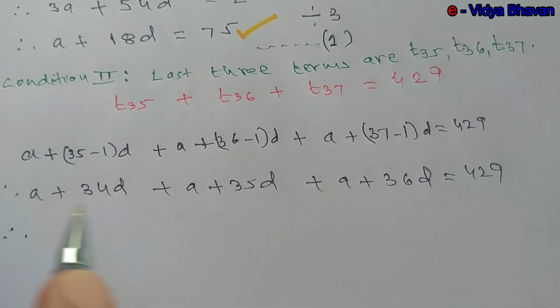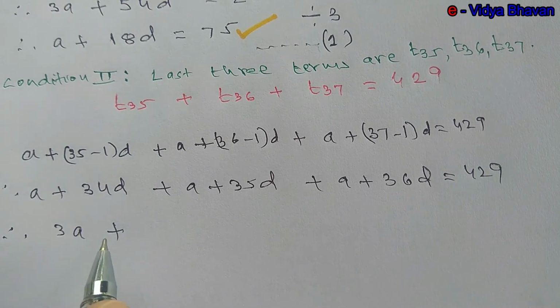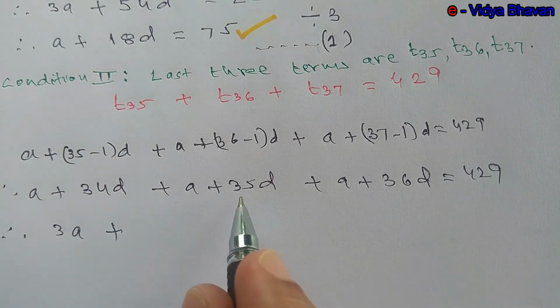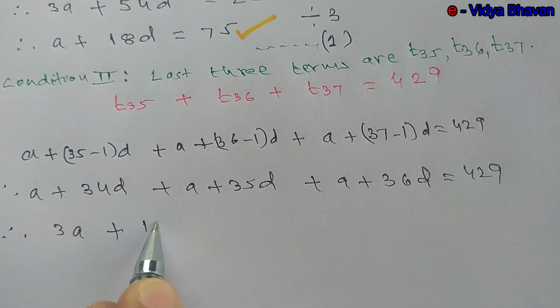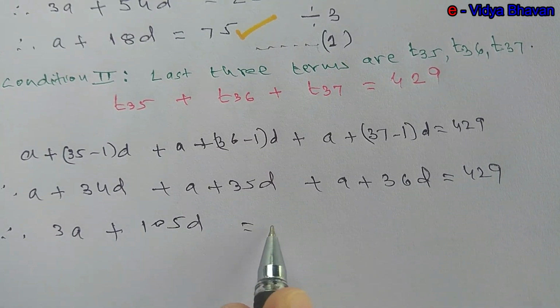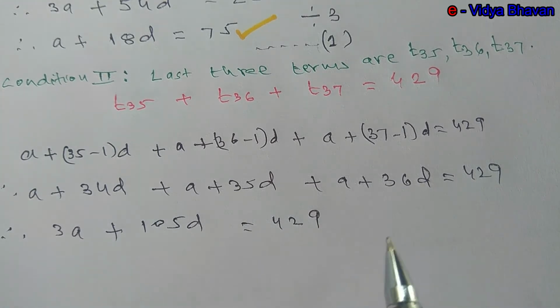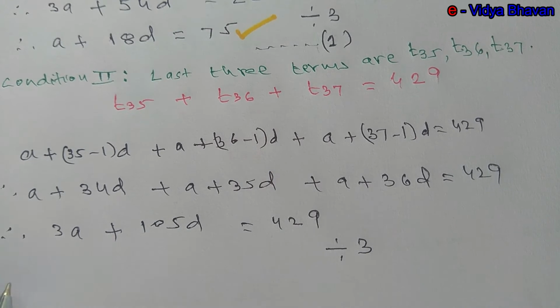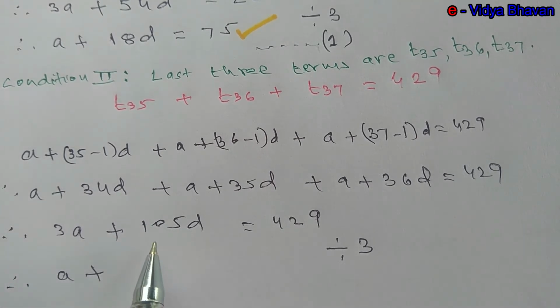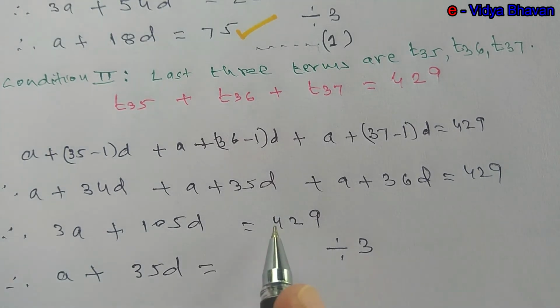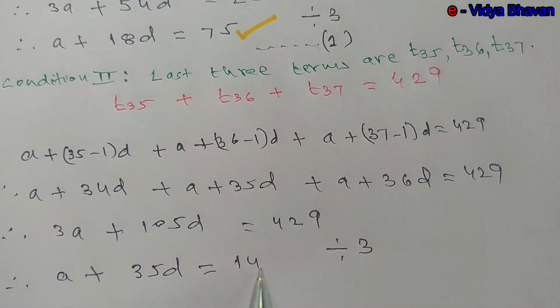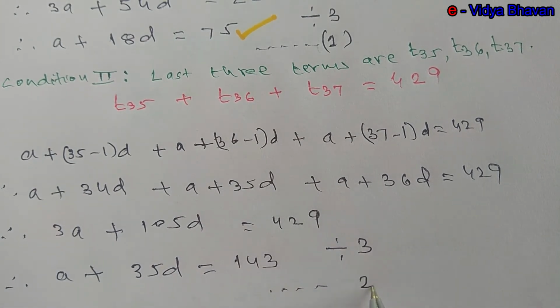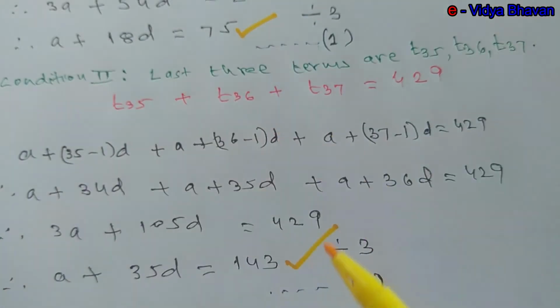Further we have 3a plus 34d plus 35d plus 36d, which gives 105d, equal to 429. Again here also we will divide by 3. So we have a plus 35d, since 105 divided by 3 is 35, and 429 divided by 3 is 143, and this is going to give you the second equation. So we have two equations, equation 1 and equation 2.